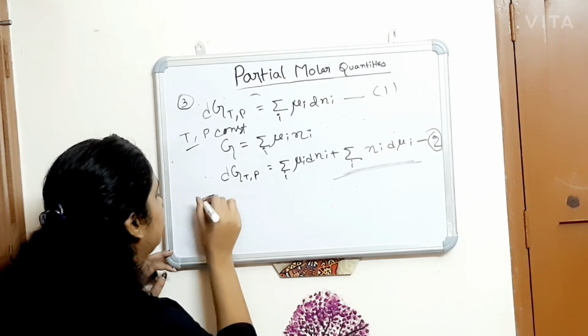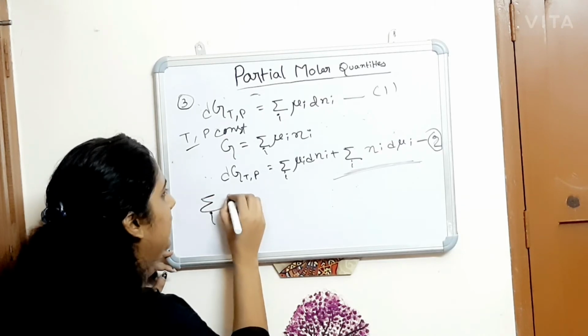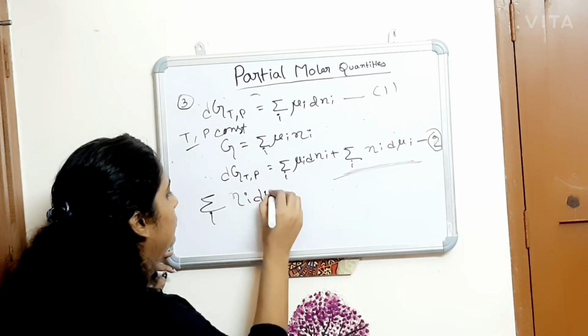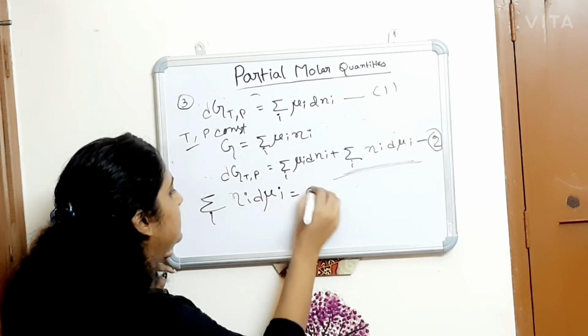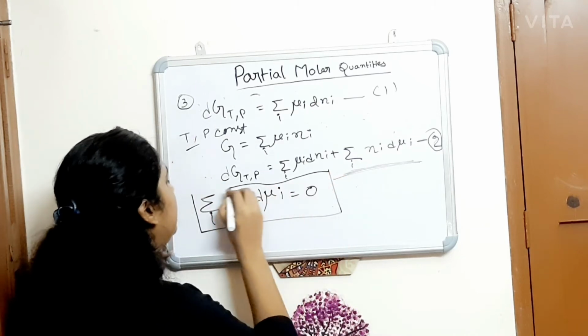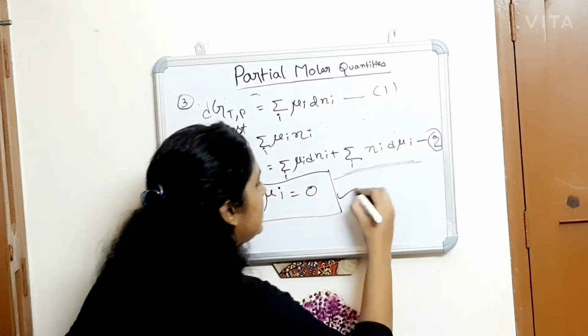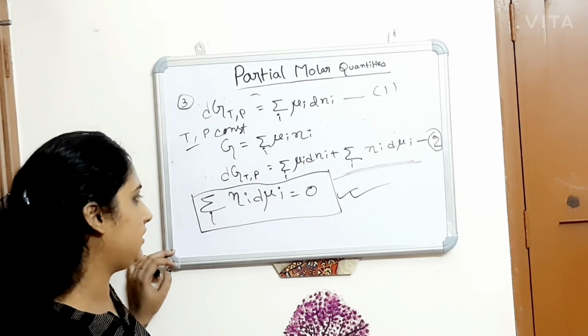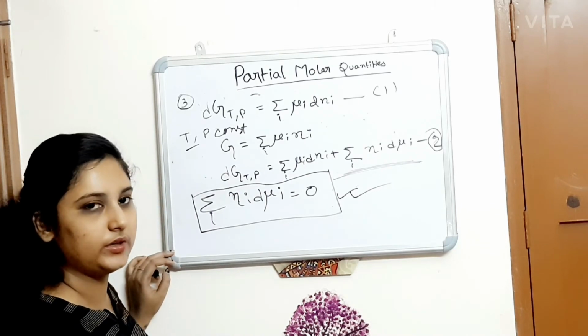This is a form of the Gibbs-Duhem equation, and this is a very important equation.